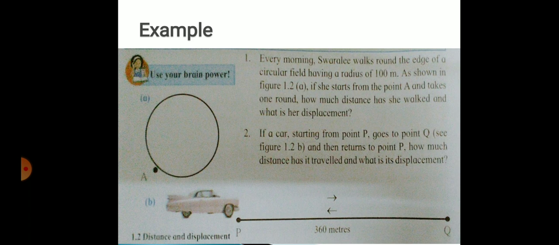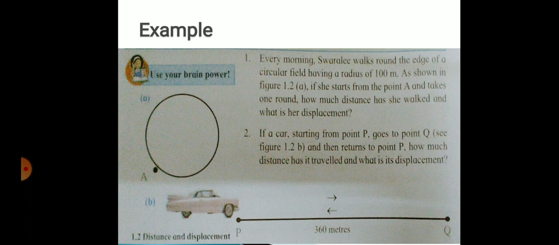In the second example, the distance traveled by the car is 360 plus 360 because it is starting from point P, then goes to point Q, and again it returns to point P from Q. So the actual path which is covered by the car is 720 meters. Whereas, what is its displacement?